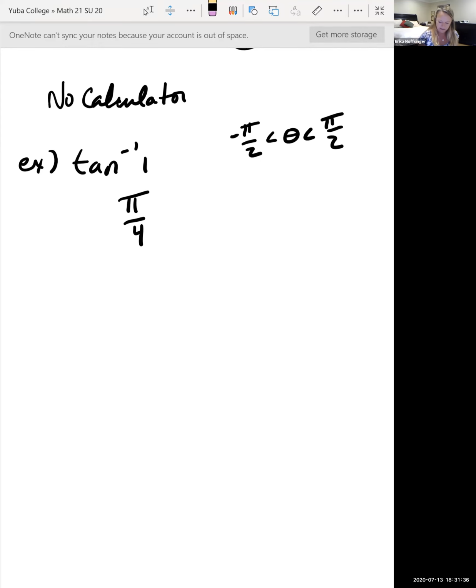If we were given sine inverse of negative 1/2, again, I know that for sine inverse, I'm given the function with an inverse in it. That means my domain had been limited so that sine had an inverse function. My domain for sine inverse is, again, negative pi halves to pi halves.